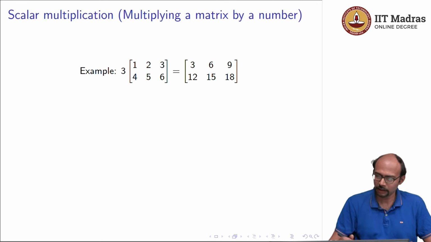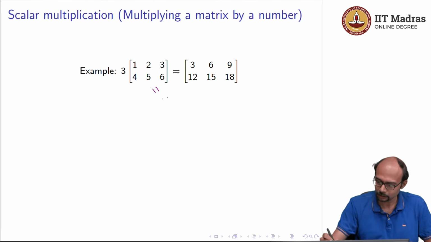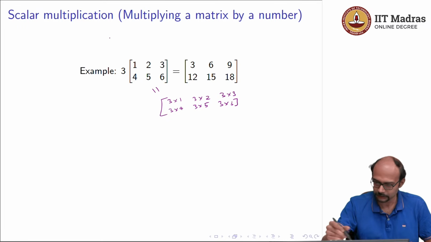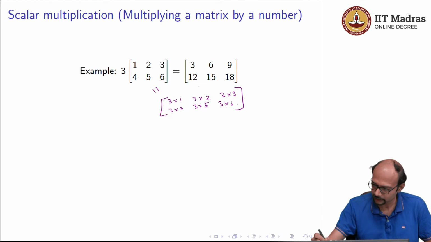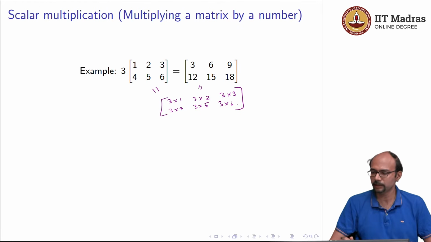We do this by multiplying each entry: 3 times 1, 3 times 2, 3 times 3, and then 3 times 4, 3 times 5, and 3 times 6. Which is exactly the matrix 3, 6, 9 in the first row, and 12, 15, 18 in the second row.